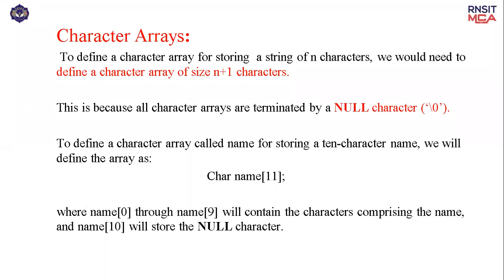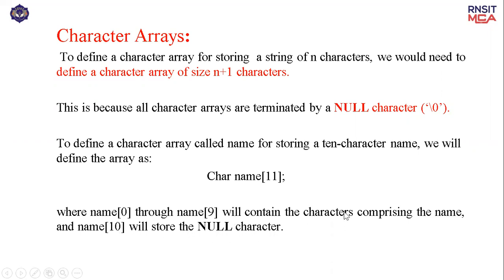So when you say character name of 11, the first character starts from 0 and goes up to 10. The 11th character is automatically a null character. You can see name of 0 through name of 9 will contain all the characters comprising the name, and the last character, the 11th character, will store the null character.